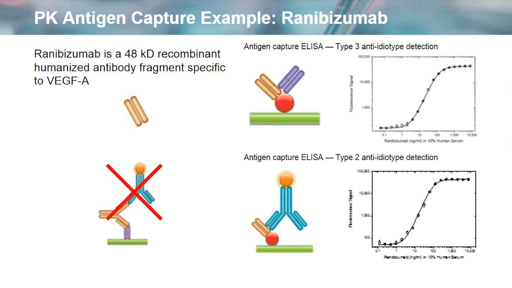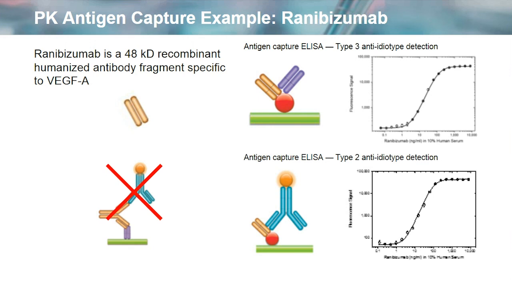Essentially in both assays we coated our solid surface with the drug target of Ranibizumab, VEGF-A, and allowed the Ranibizumab from the sample to bind. Then we detected with our non-inhibitory antibody, whether that was a type 2 or a type 3, as the labeled detection antibody. In both cases we were able to develop good titration curves for the measurement of free Ranibizumab in the sample.